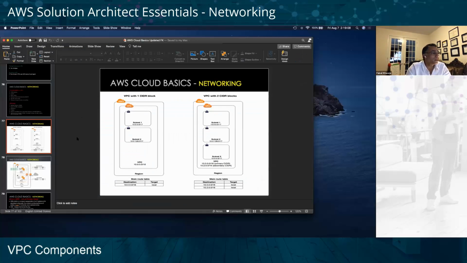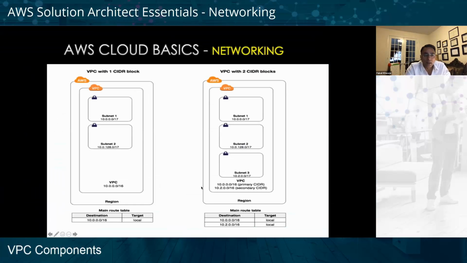All right, let me just go back here. In this case, this VPC is defined at 10.0.0.0/16, which means again 65,000 plus addresses within this entire VPC. Now here you see there's a subnet 1, subnet 2.